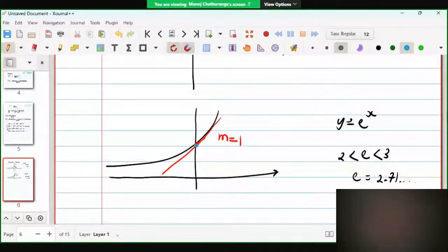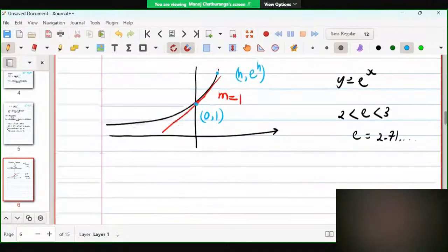Think about this point. That point is 0, 1. To compute the slope of the tangent line at that point, you take a nearby point. So we set x to be h, then the y coordinate is e to the power h.